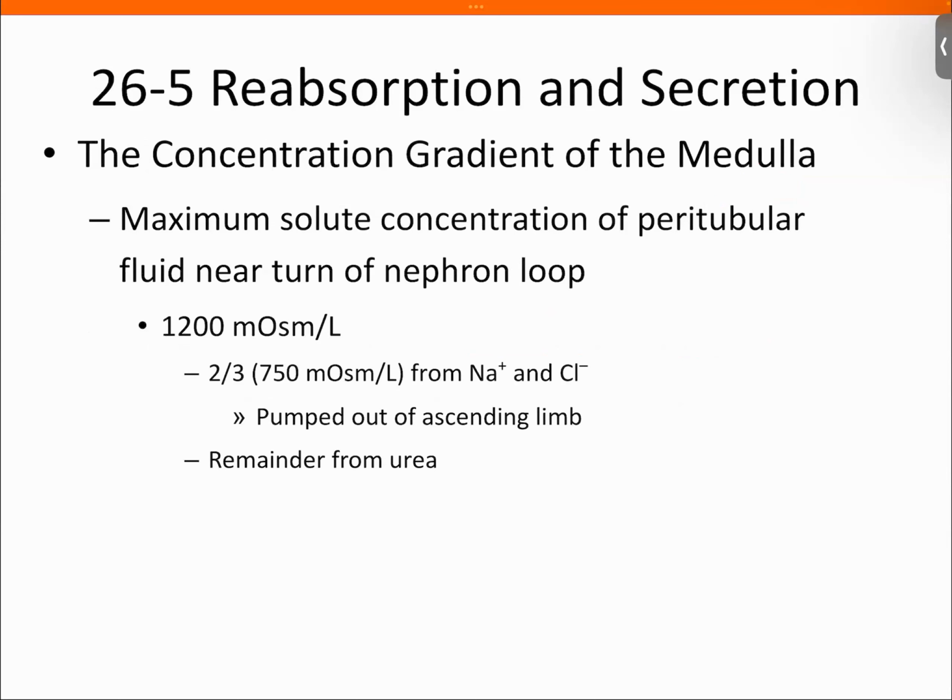So ultimately, when you take a look at your filtrate, the max concentration you get down to is 1200 milliosmoles. 2/3 of that is from sodium and chloride, which is then pumped out of the ascending limb. So this basically means that it goes down to 100 milliosmoles per liter.